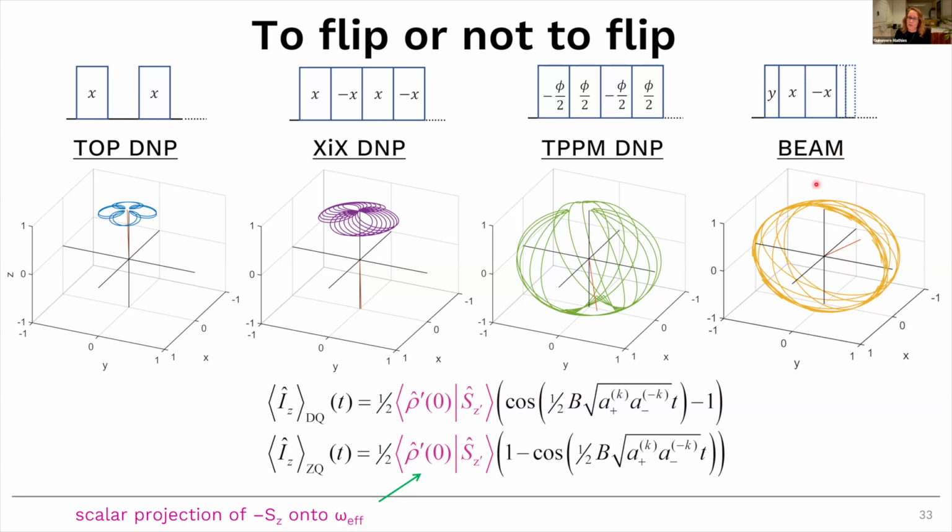Instead of starting with your magnetization along minus z, before you start your sequence, you can apply a 90-degree pulse, flipping the magnetization into the xy plane, making sure that it ends up along x with a 90-degree preparation pulse. And so now you see why the BEAM sequence needs this 90-degree preparation pulse in order to start the transfer of polarization.